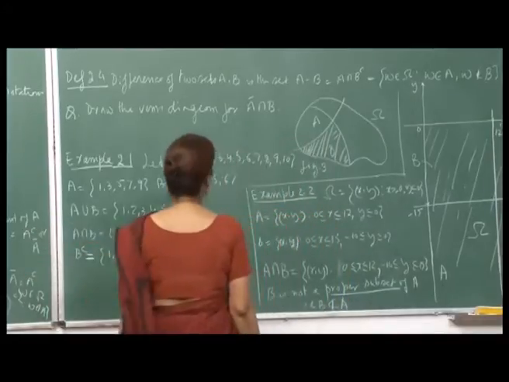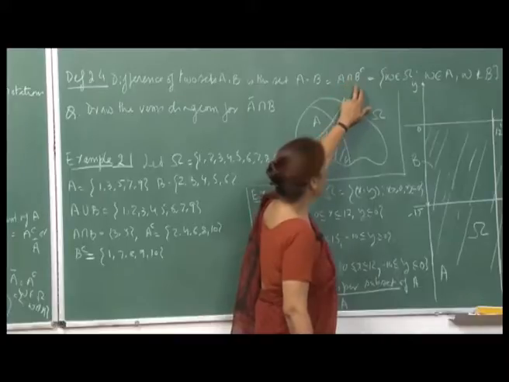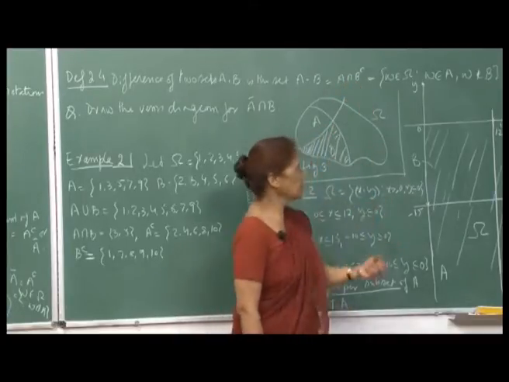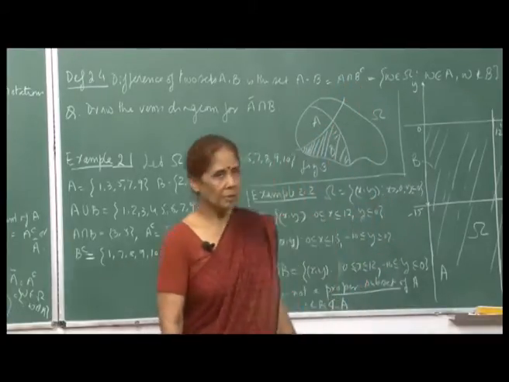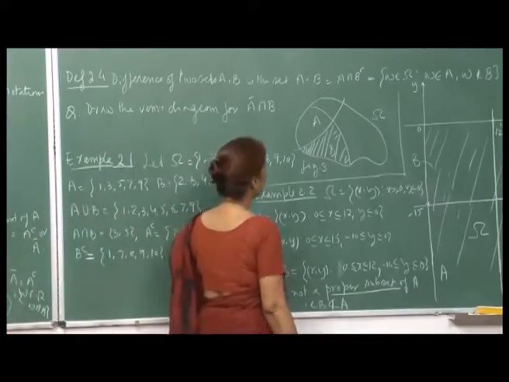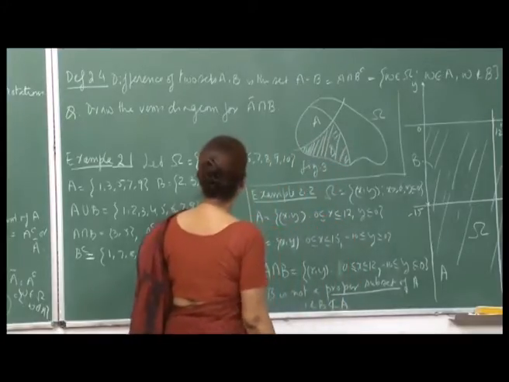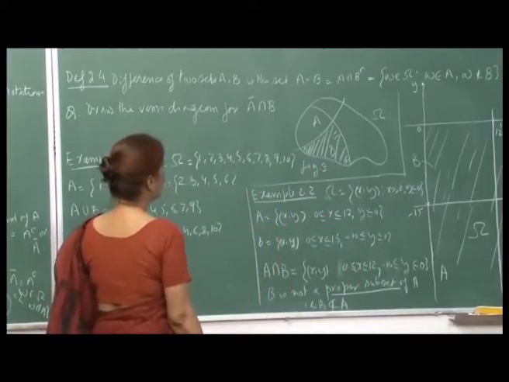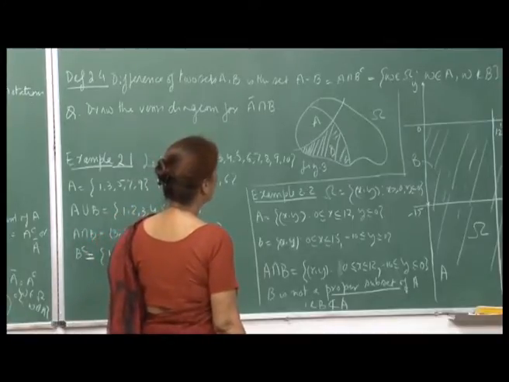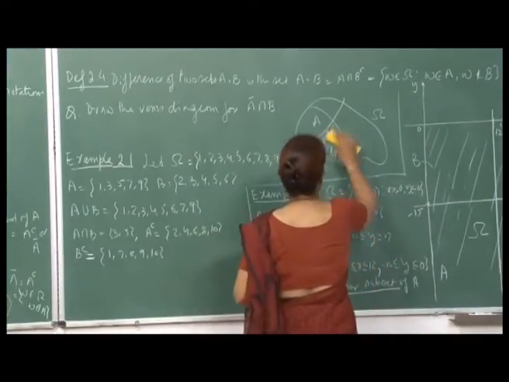If you use the definition of the product, then the elements here must belong to both A and B complement. That means the elements which belong to A, but not to B. I have drawn the figure, figure 3, so A and this is B, no, I have to say B complement. This is not shaded correctly.